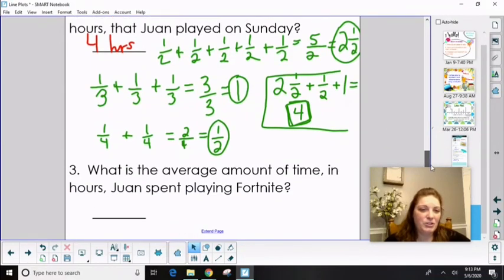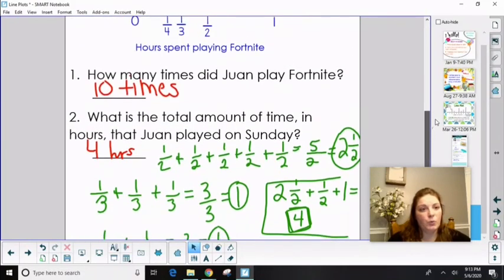All right, and our last question for this problem, what is the average amount of time in hours Juan spent playing Fortnite? So if we want to average all of his pieces of time together, okay, what is that average amount? So how do we do the average? You add up to get the total, which we've already done, and then you divide it by the number of pieces of data, which we already did.